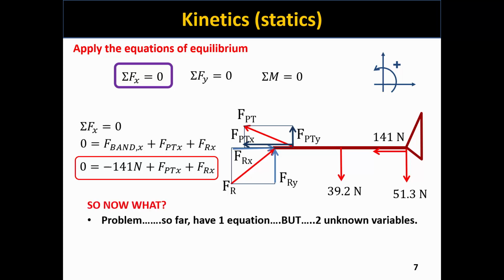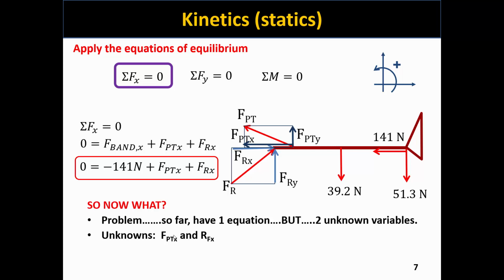So now we have a problem, and the problem here is we have one equation, but we have two unknowns. We weren't given the force through the patellar tendon. We're given the angle, but we're not given the resultant force of it, and we're not given the reaction force.